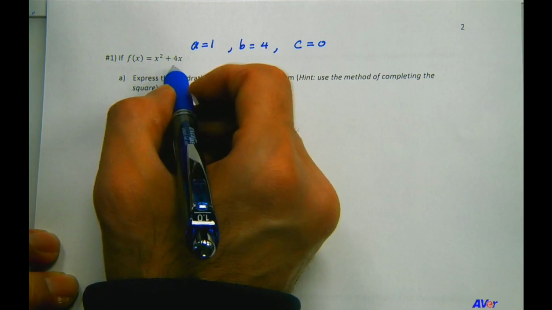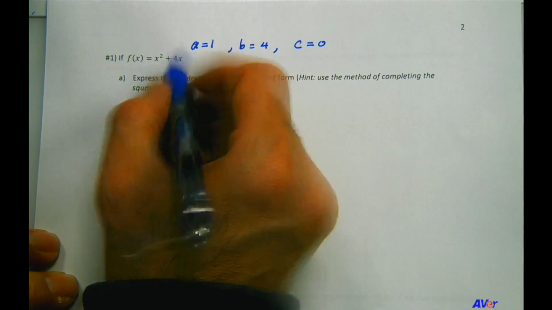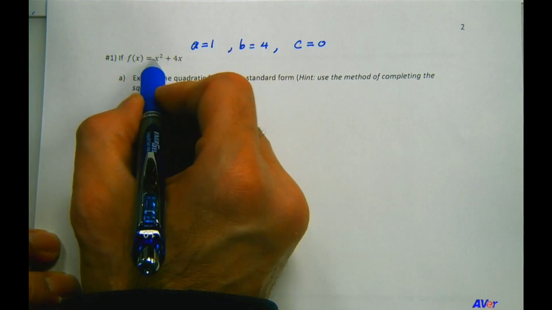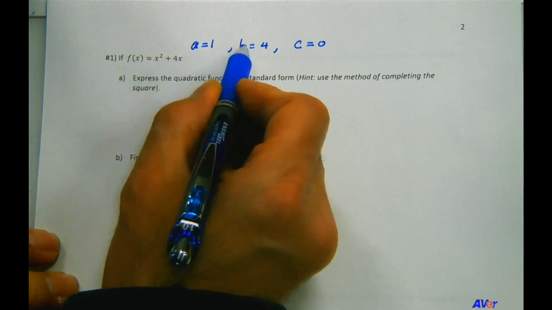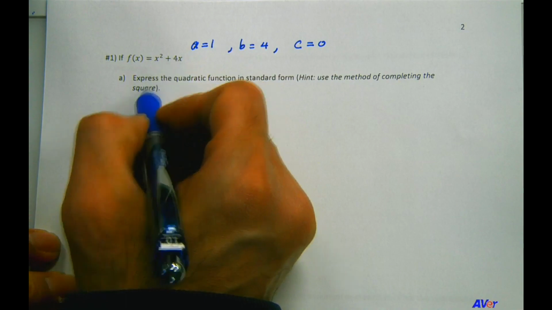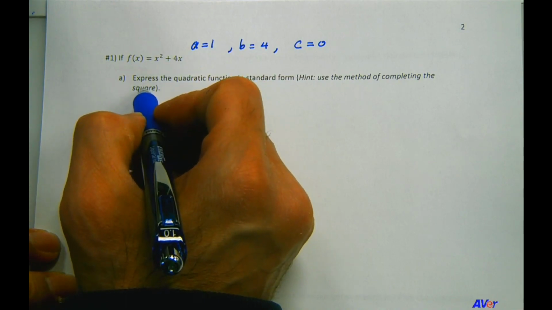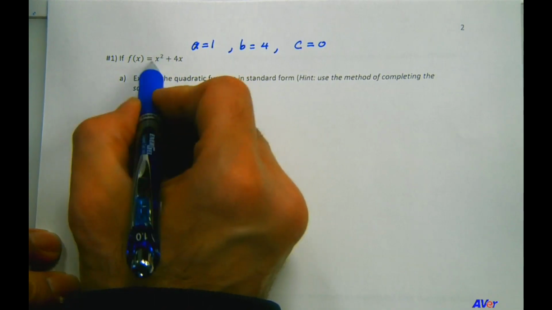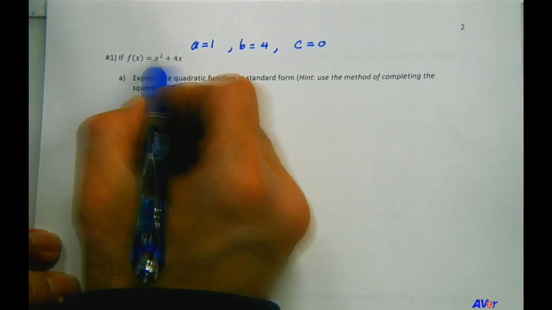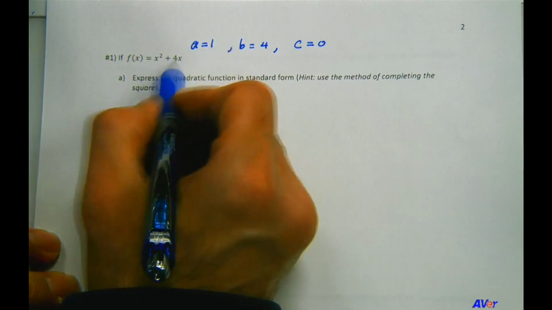The method says, if the coefficient of the quadratic term is positive 1, whatever b is, b in this case is 4, divide that by 2. Do you always divide by 2? Yes, you always divide by 2. Once the coefficient of the quadratic term is positive 1, the b term, you always divide it by 2.